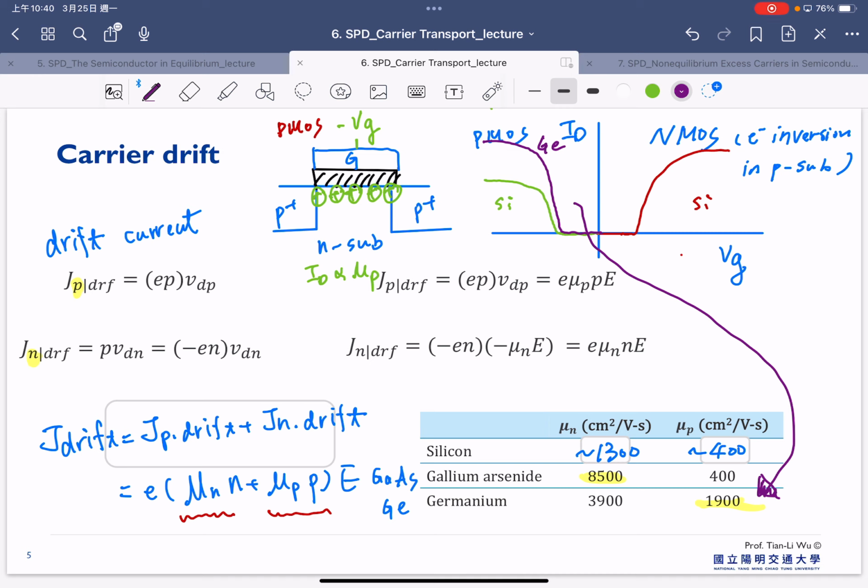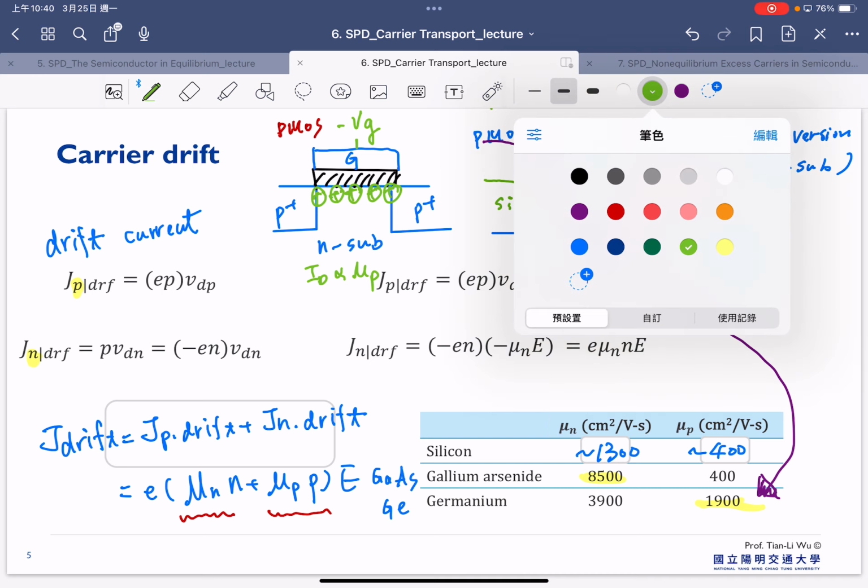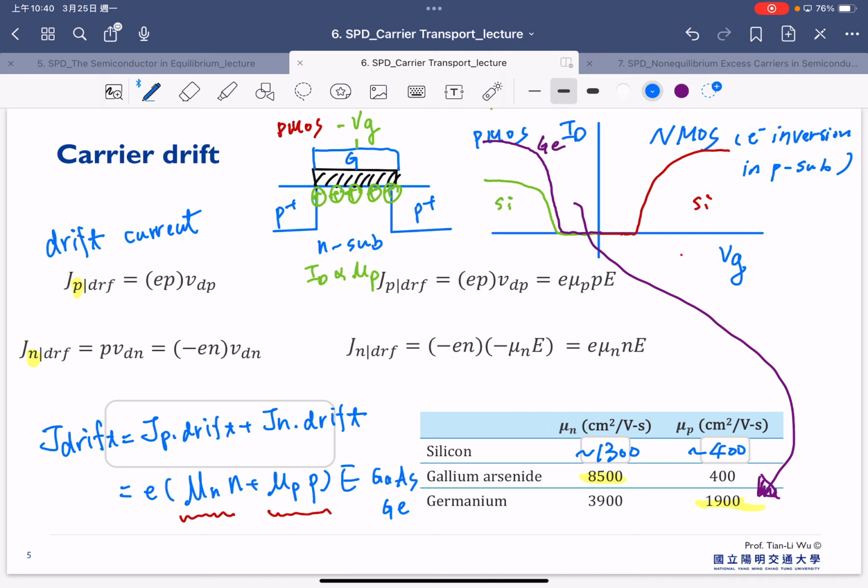So that's just one additional thing to write down here. The PMOSFET is basically operating by considering that we have hole inversion in the N substrate, and this is electron inversion in the P substrate.